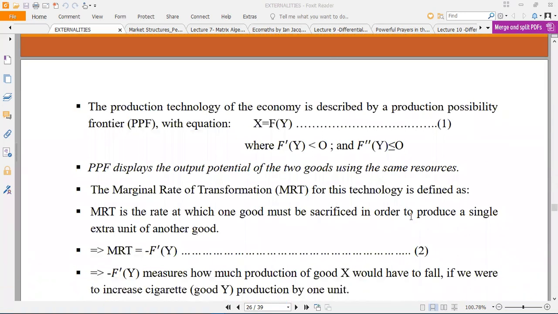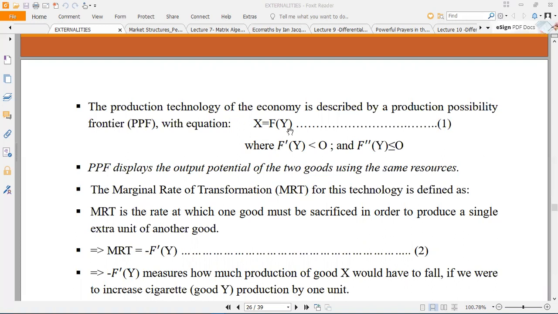Now, we are talking about goods, so we'll have to talk about how they are produced. The production possibility, or the technology that is used to produce these two goods, is given by the equation x is equal to f of y. So the quantity of food that will be produced is a function of the quantity of cigarettes that will also be produced.